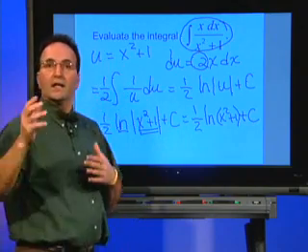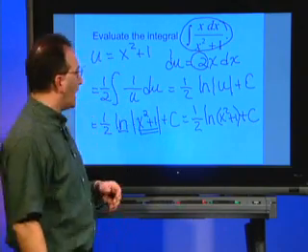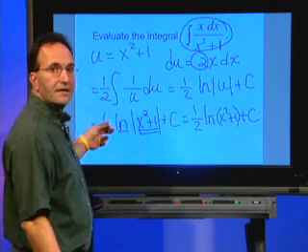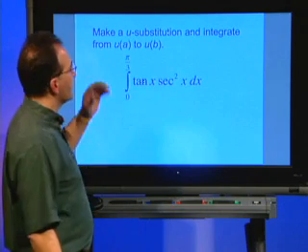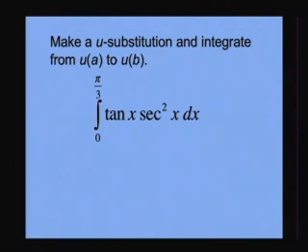All right, let's work another example so we can see yet another technique involved with substitution. Let's try making a u substitution and integrate from u of a to u of b. We have the integral from 0 to pi over 3 of tan x times secant squared x dx.